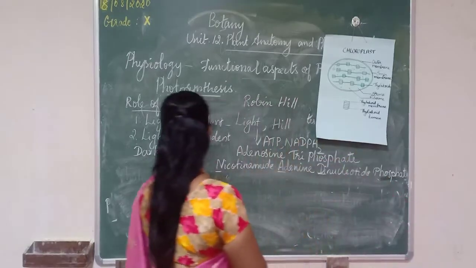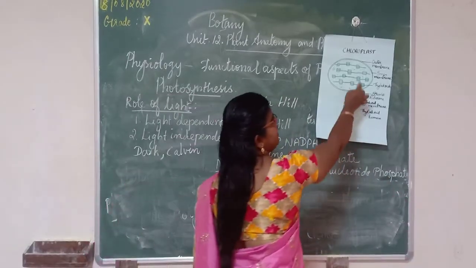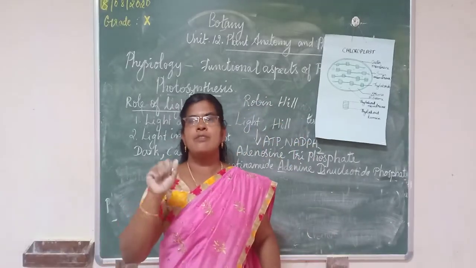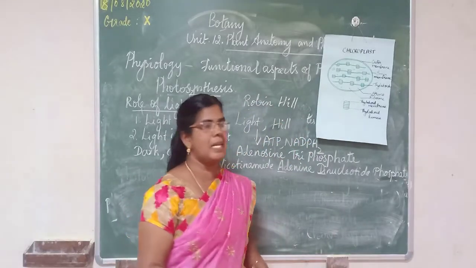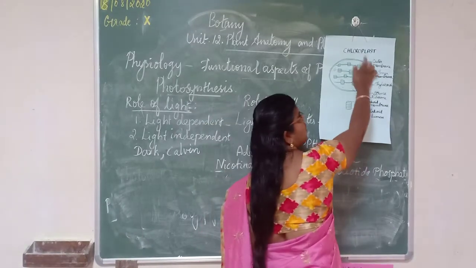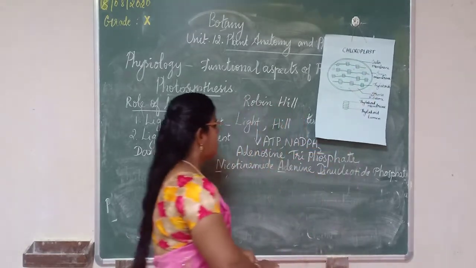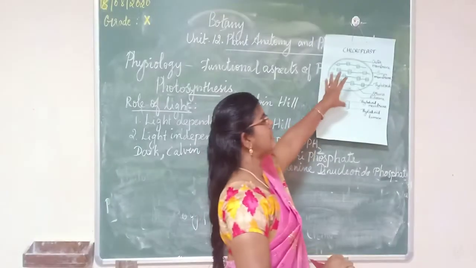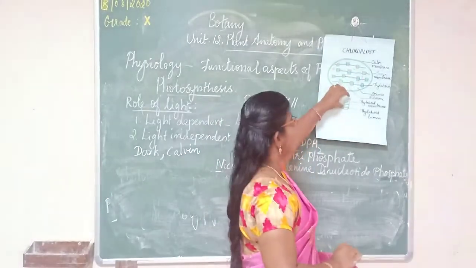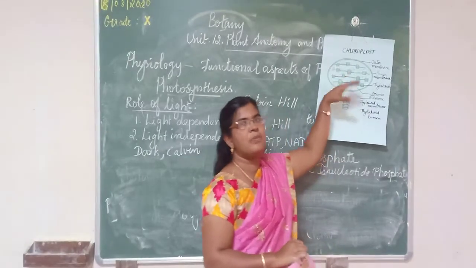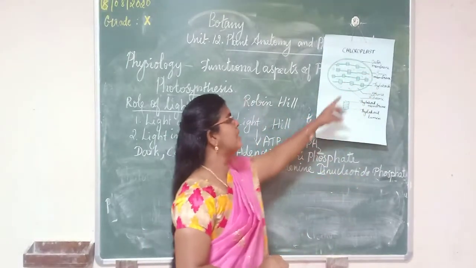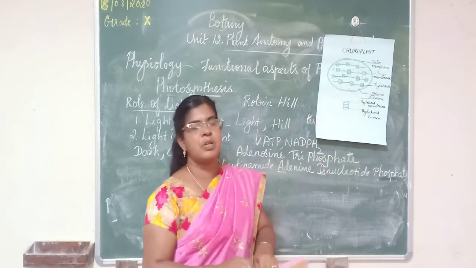This dark reaction takes place inside the stroma of the chloroplast. What is stroma? The matrix present inside the chloroplast is called stroma. At the end of the light reaction, ATP and NADPH2 are formed inside the thylakoid membrane. From the thylakoids, these energy-rich compounds enter into the stroma of the chloroplast.